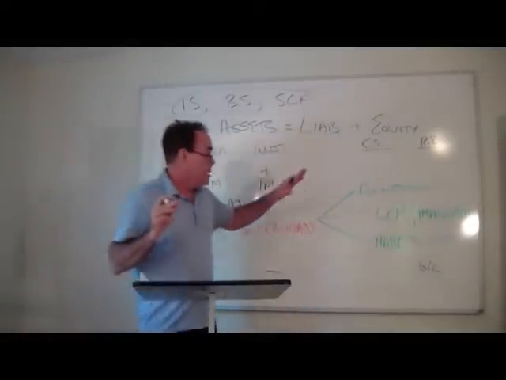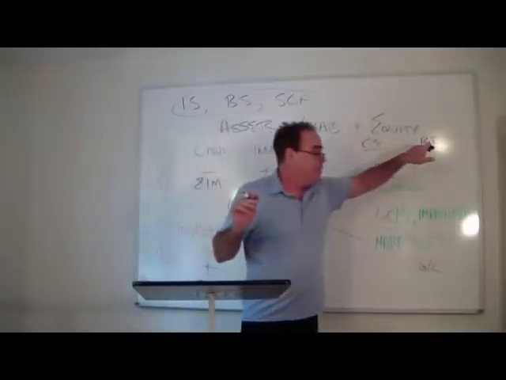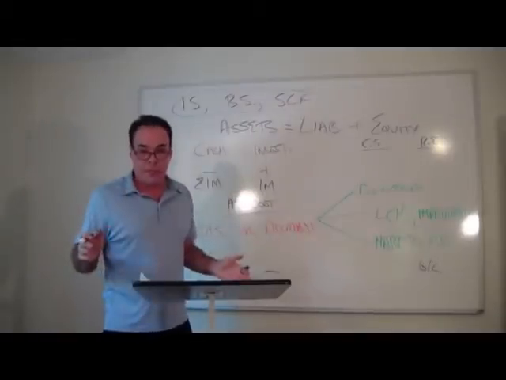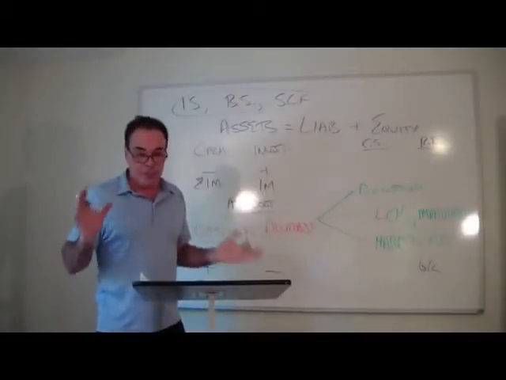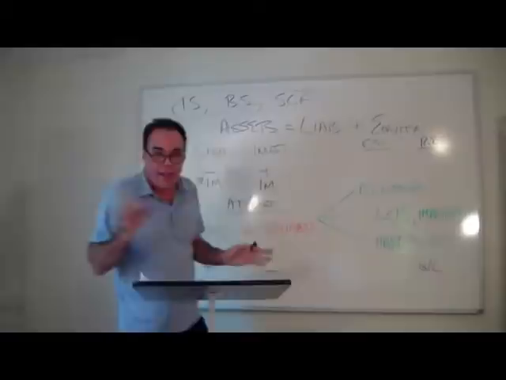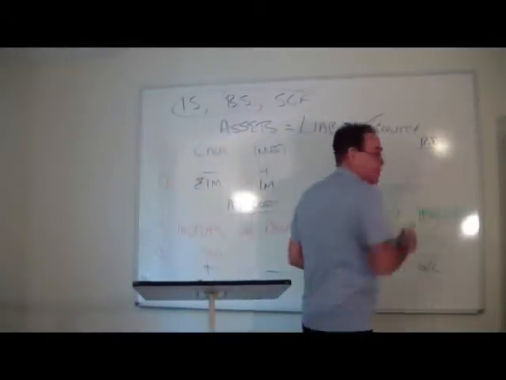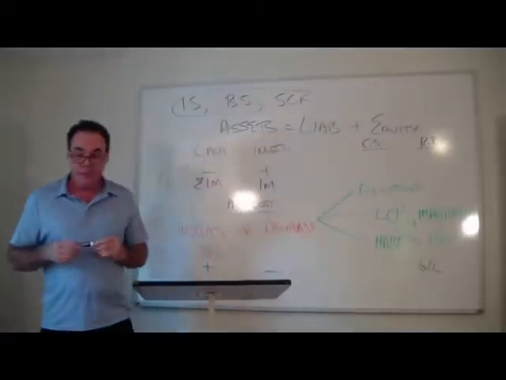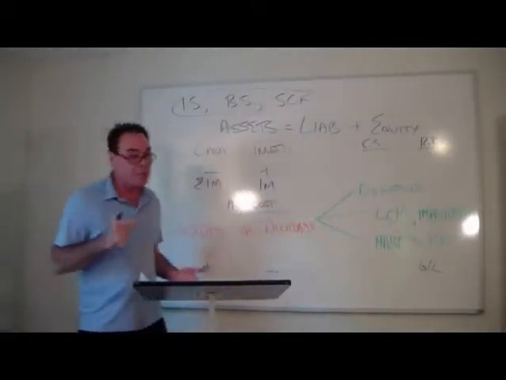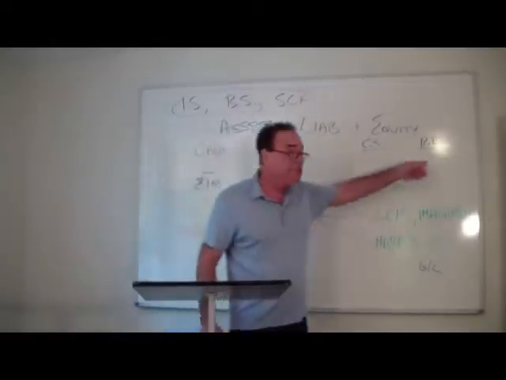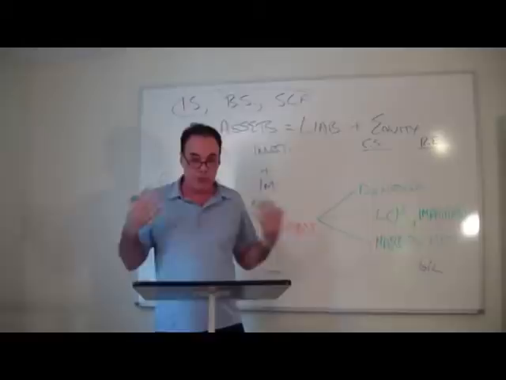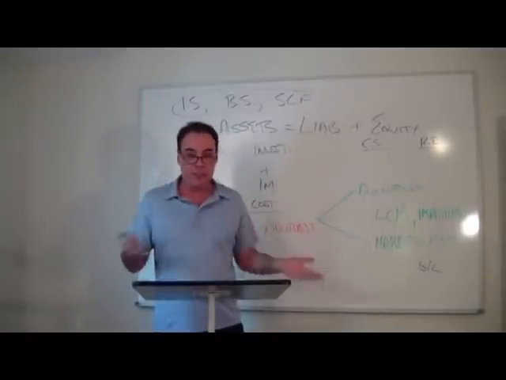So it doesn't go here unless it was on the income statement. That's the clean surplus model. You can't bury something in retained earnings unless it went through the income statement. But the dirty surplus model allows us to run some things into retained earnings that never went into the income statement, in other words, revenues and expenses or gains and losses.